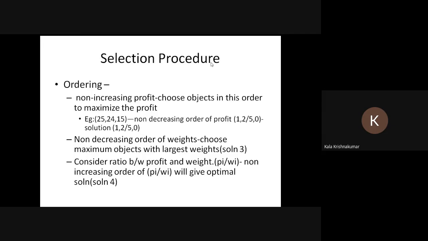You can try that. Then choose objects in this order to maximize the profit. Because non-increasing profit means the object with maximum profit will come first, and second, etc. If you take input in that order, then you will get maximum profit.